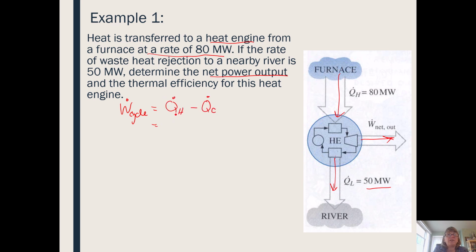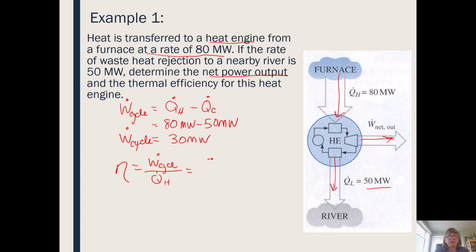So with heat coming in as 80 megawatts and heat going out as 50 megawatts, our net cycle power is going to be 30 megawatts. Then for our thermal efficiency, net power divided by the heat going in: 30 divided by 80 megawatts comes out to be 0.375. So in this particular heat engine, we have about a 37.5% thermal efficiency.